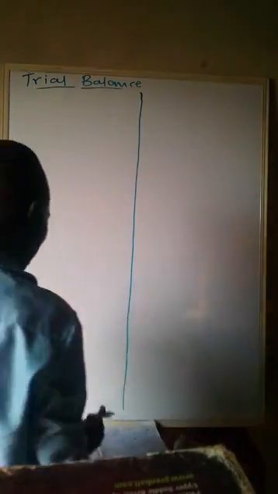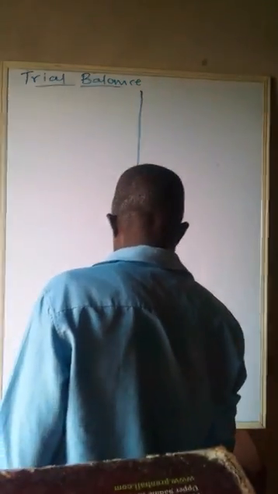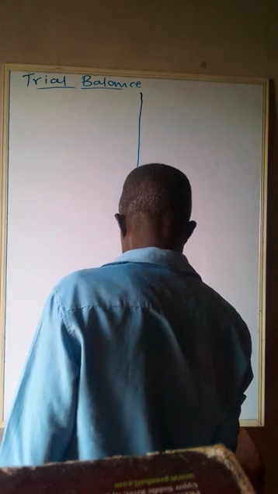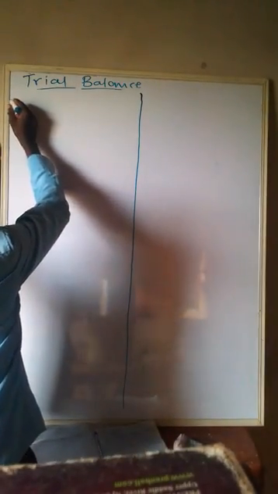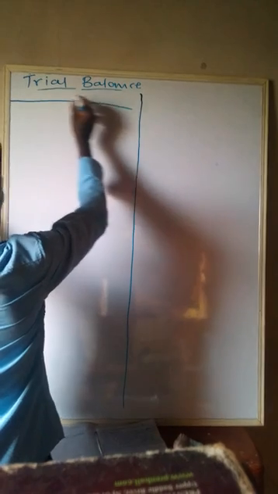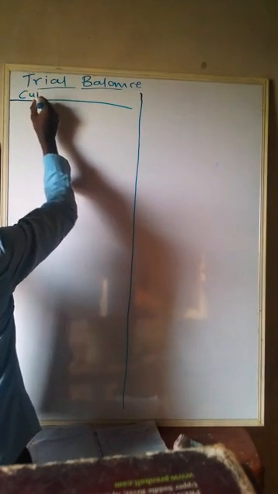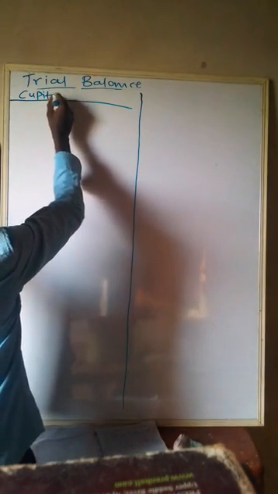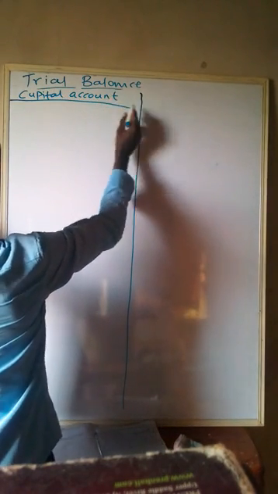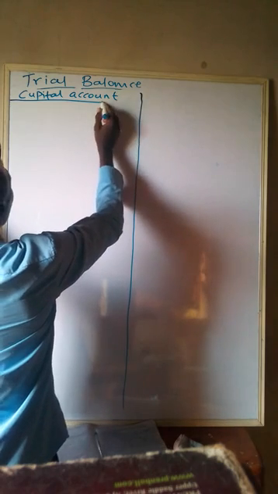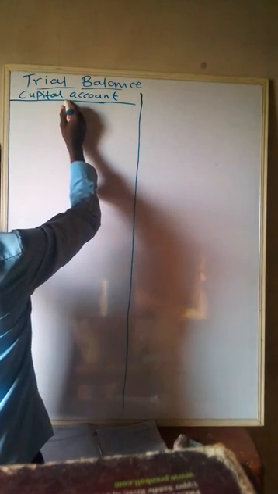So the first account there is May 1st, started firm with capital in cash, $2 million. This is the capital account.